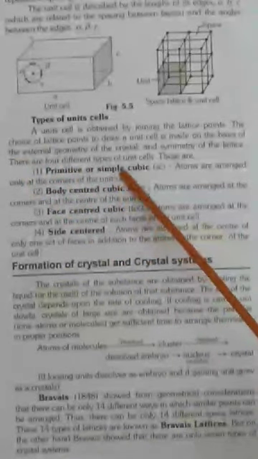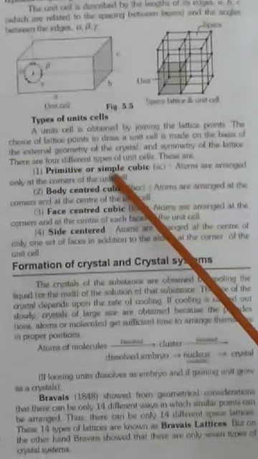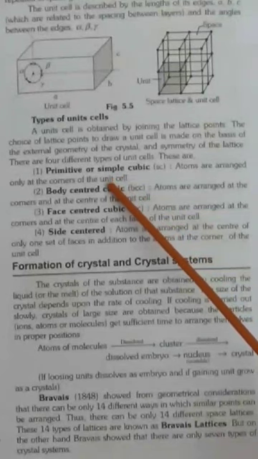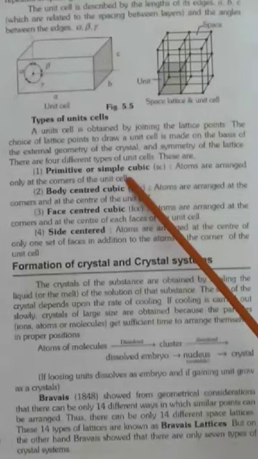There are 2 types of unit cells. They are primitive unit cells and non-primitive unit cells. Primitive unit cells means the particles of the unit cell are present only at the corners of the unit cell.